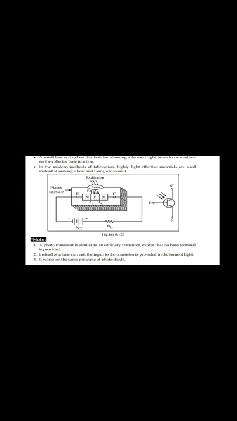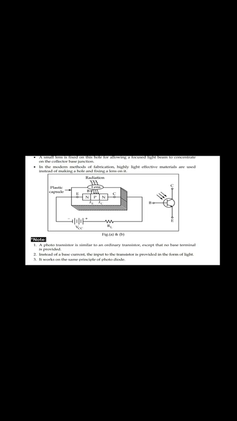This will create more free electrons and holes. The photo generated minority charge carriers will produce reverse saturation current.